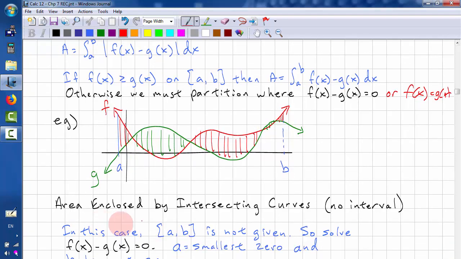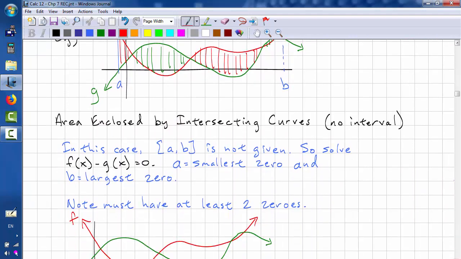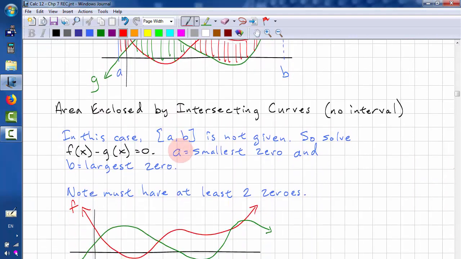For the area enclosed by intersecting curves, where there's no interval given, we have to solve where f of x minus g of x equals 0. And a will be our smallest zero, and b will be our largest zero. We have to have two zeros in order to do this, otherwise we do not have an enclosed area.